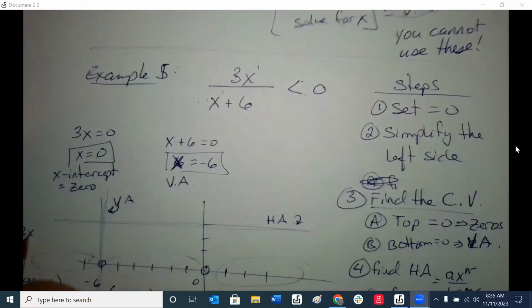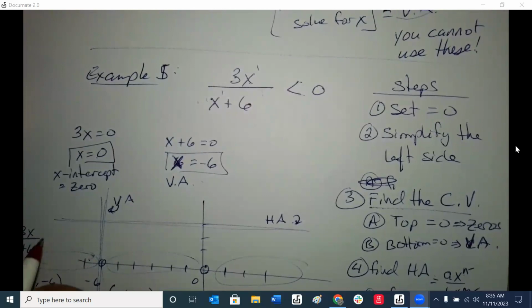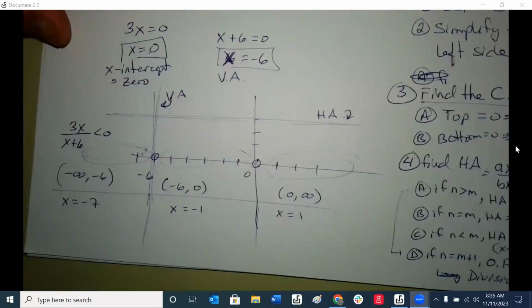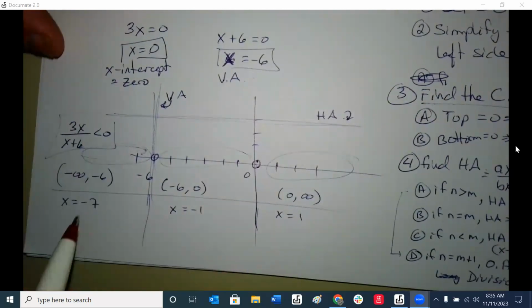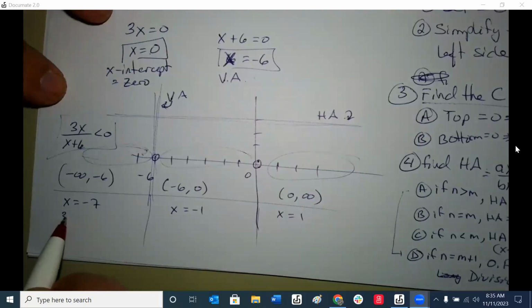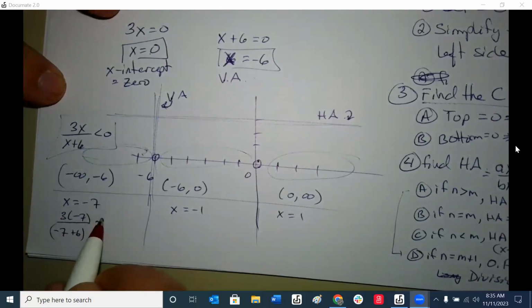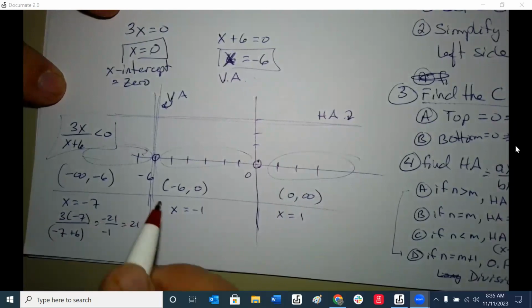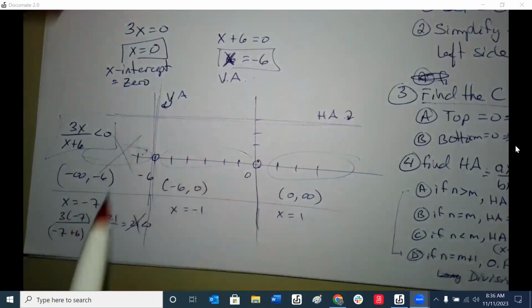So I have 3x over x plus 6 is negative. So I have to use this equation. So 3 times -7 over -7 plus 6, it's -21 over -1, makes it 21. Is that less than 0? No, so I can't use that.